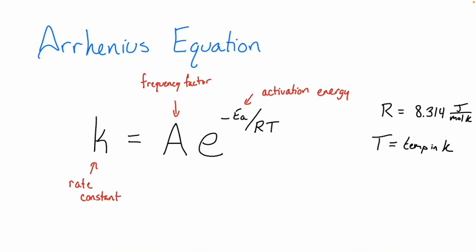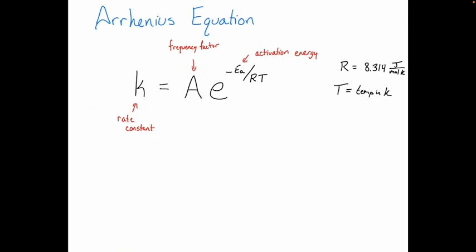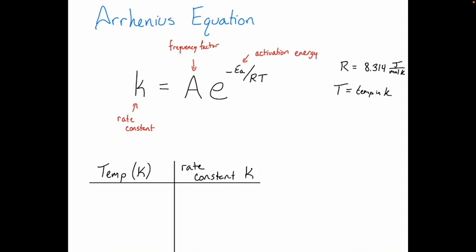We're not going to look at the exact same type of data, but we're going to do something very similar. What we're going to look at is the relationship between temperature, which is again in Kelvin, and our rate constant, K.